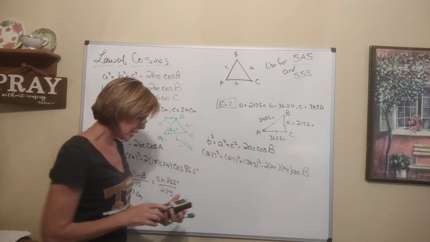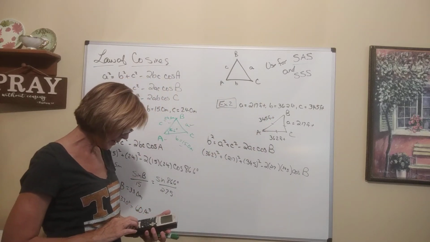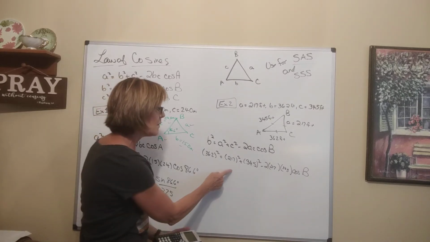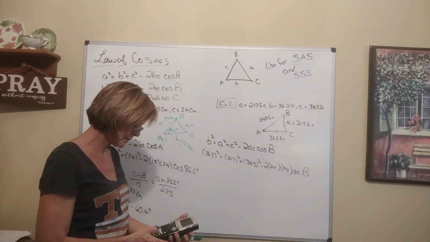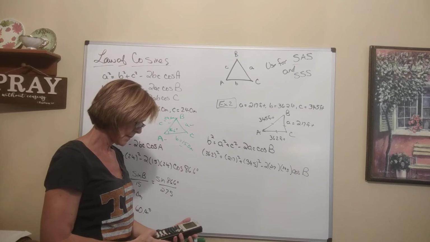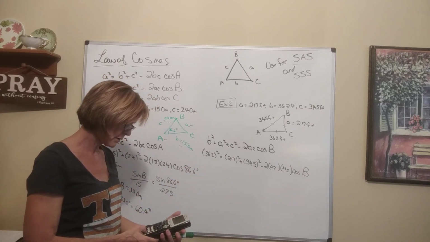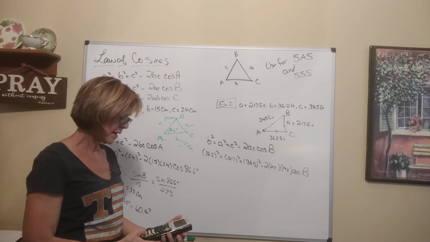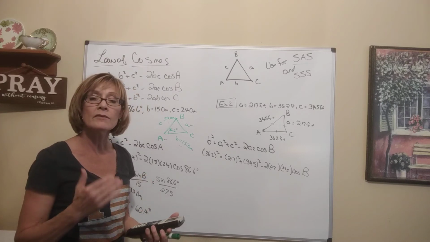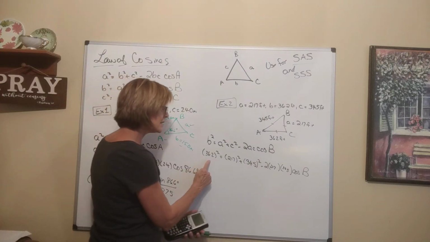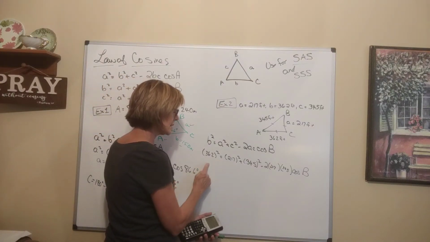Here we go. Take your calculator and say 362 squared and hit enter. Now I'm going to say minus 217 squared, and I hit enter. I'm going to say minus 345 squared. I hit enter. So now on my calculator I have negative 35,070. That is this number minus this number minus this number.